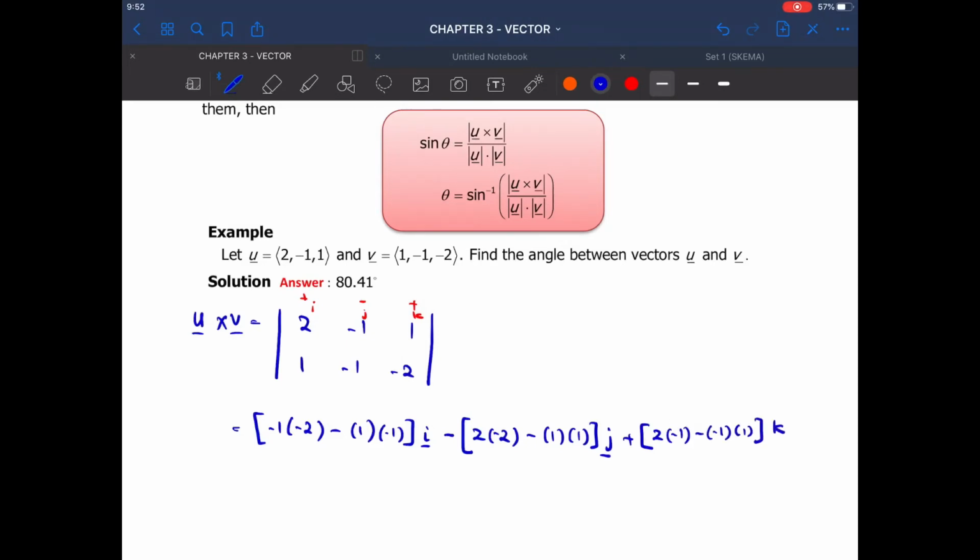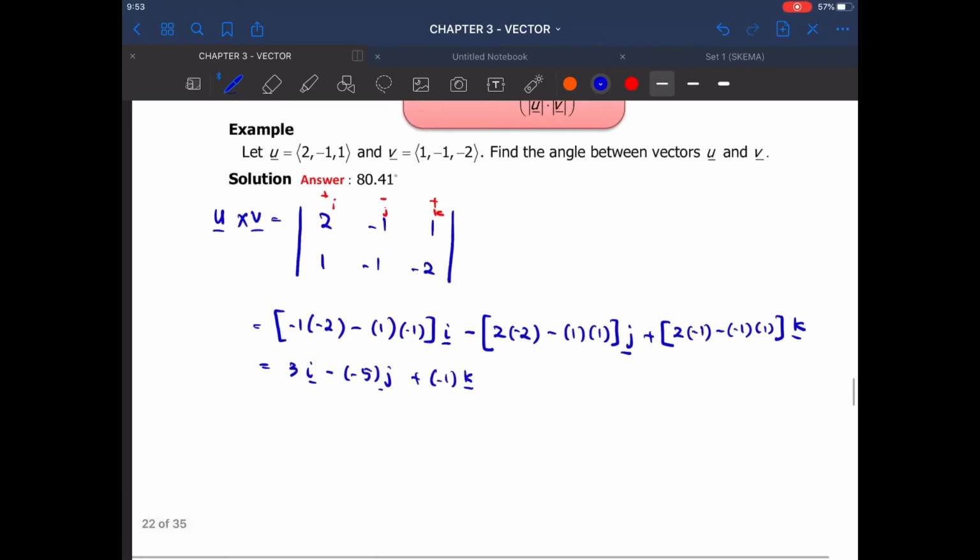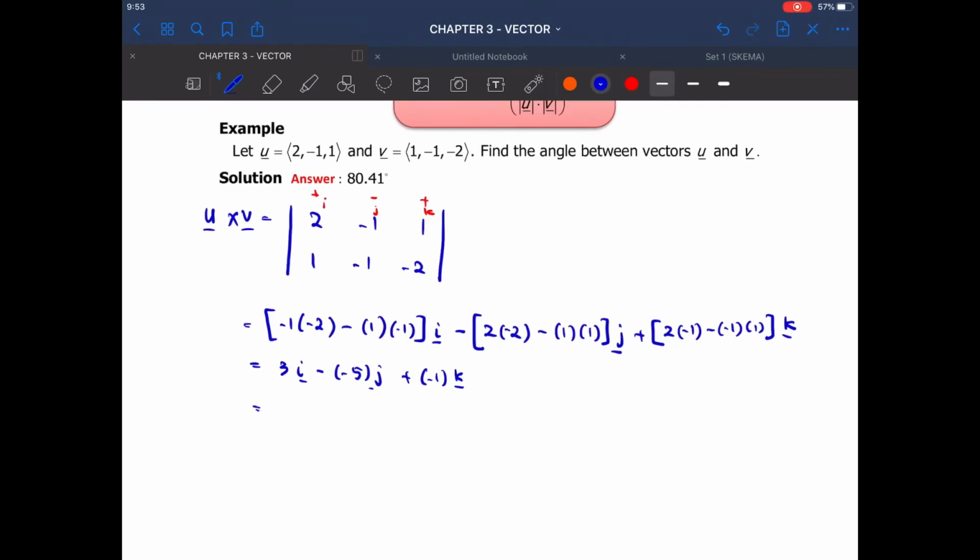So this is for k. So simplify the first bracket. This is 3i minus negative 5j plus negative 1k. Simplifying the notation for the negative sign, we get 3, 5, negative 1. So this is the answer for u cross v.